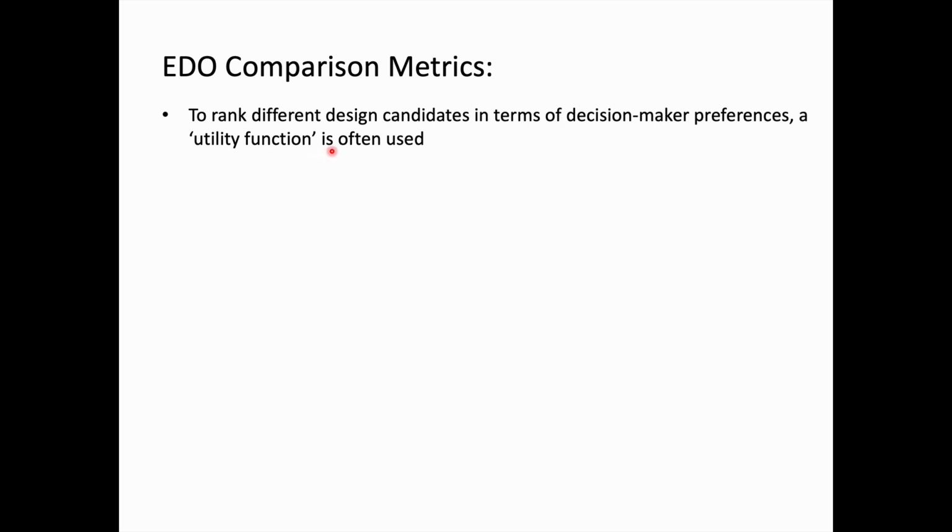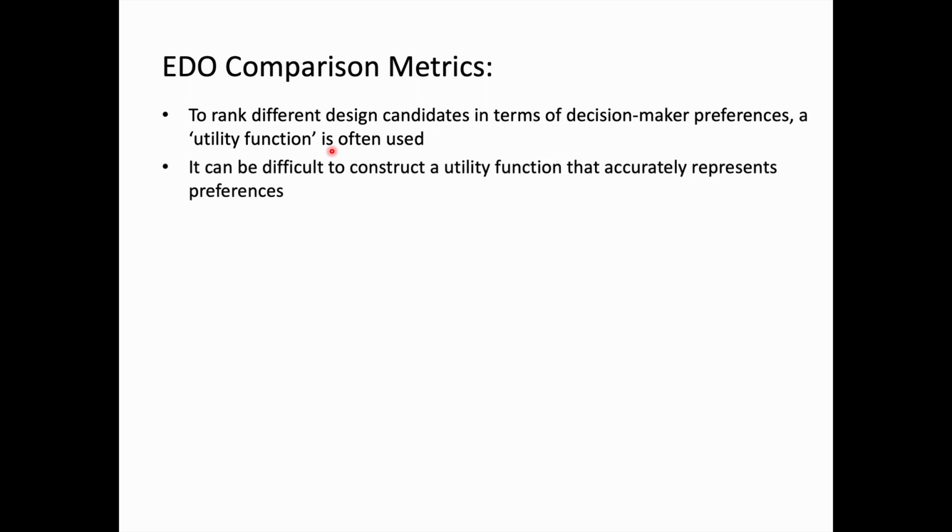An accurate utility function is one that matches with the preferences of the decision maker. Actually constructing a utility function that accurately represents preferences can be really difficult. Sure, we can take surveys of human preferences, but preferences can change over time. And it's often a very challenging thing to get a really accurate utility function.